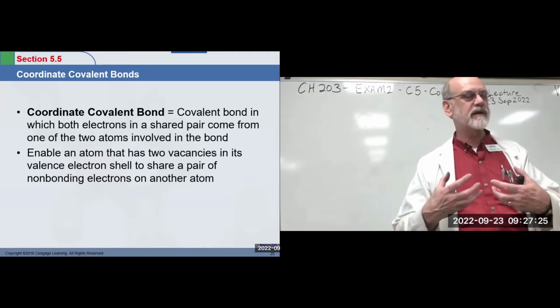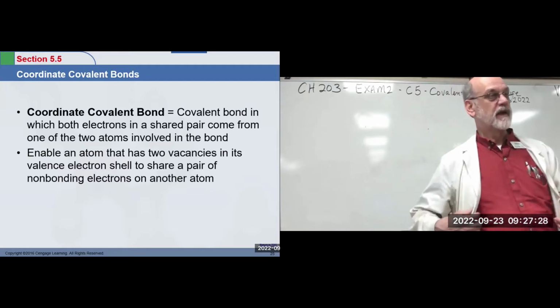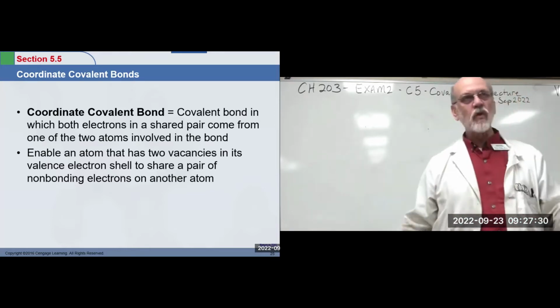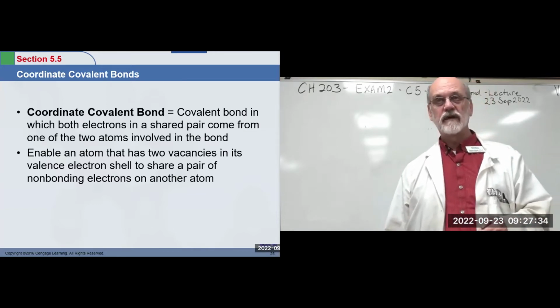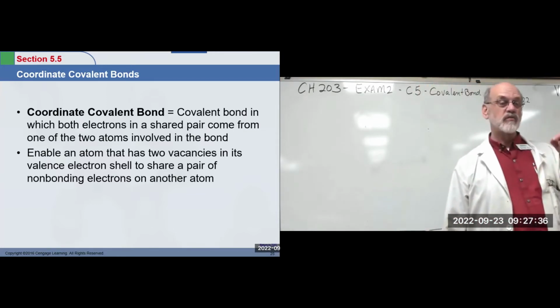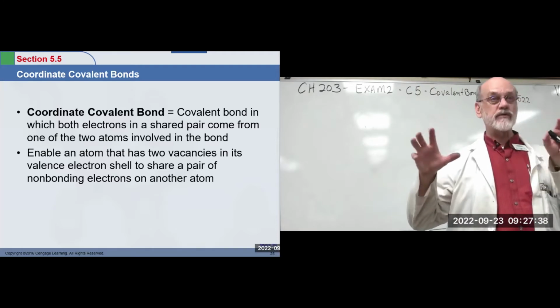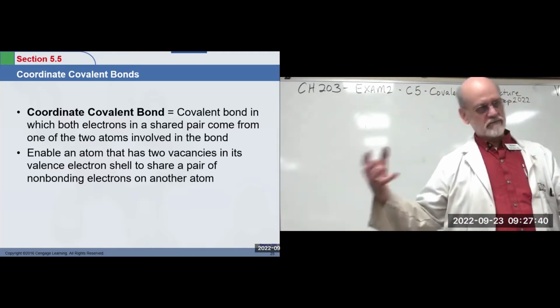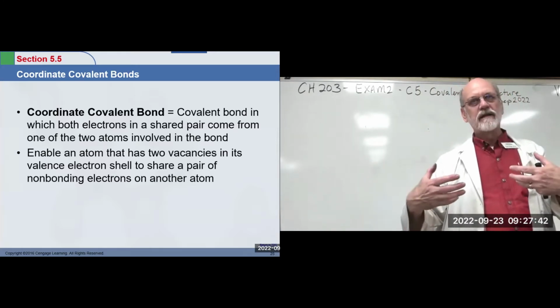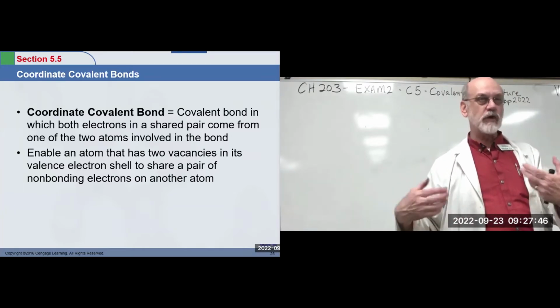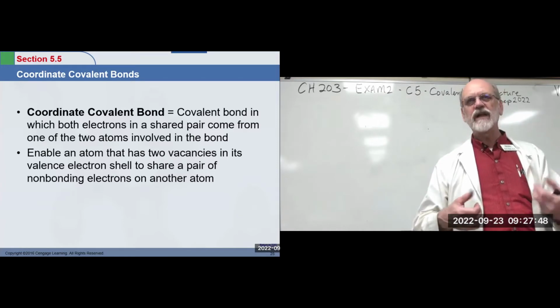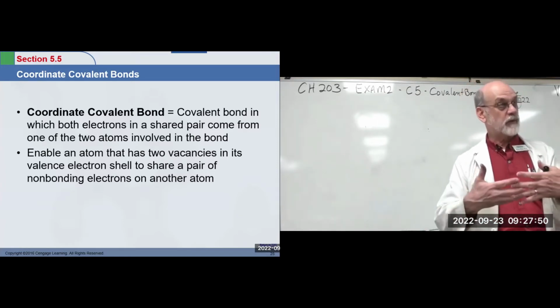This is called a coordinate covalent bond. Now, once the bond forms, there's no way to tell where the electrons came from. But if you know the chemistry, how the bond formed between this side and that side, then the only explanation for it is that one atom came in and stole 2 electrons from the other one. Well, it borrowed them and formed the bond.